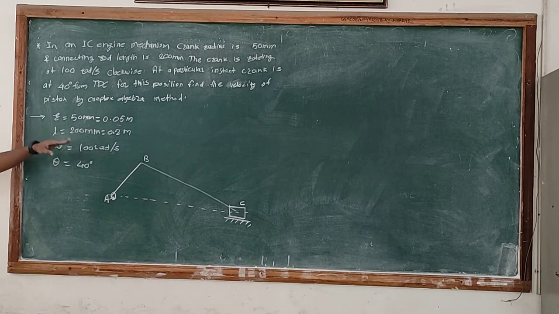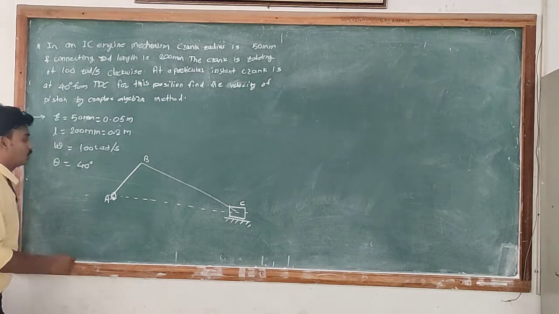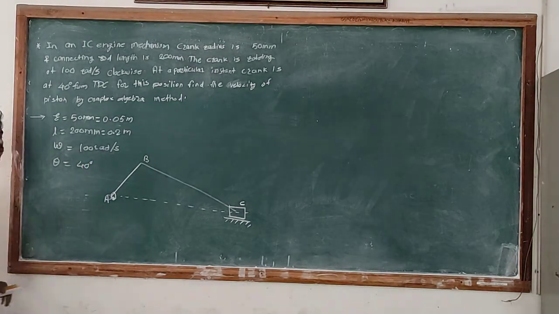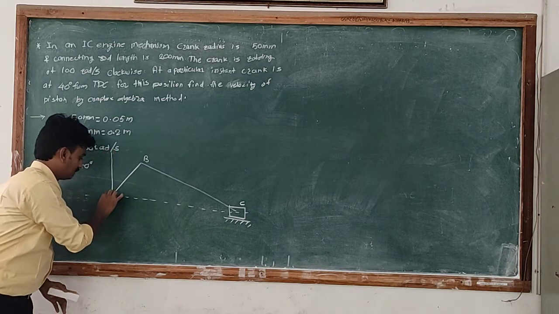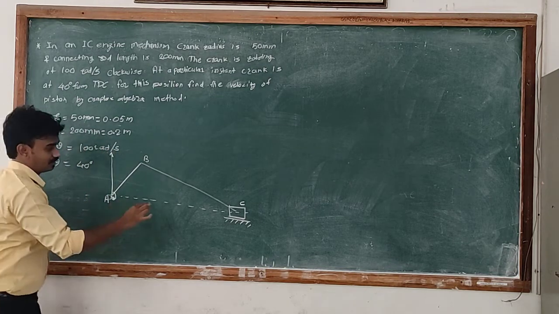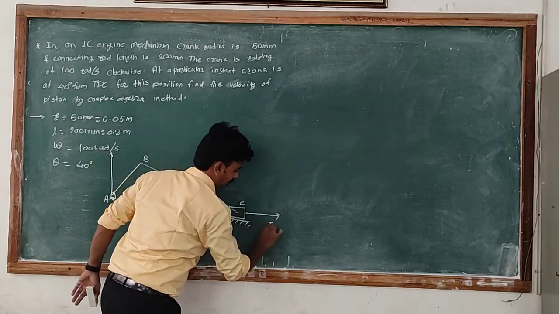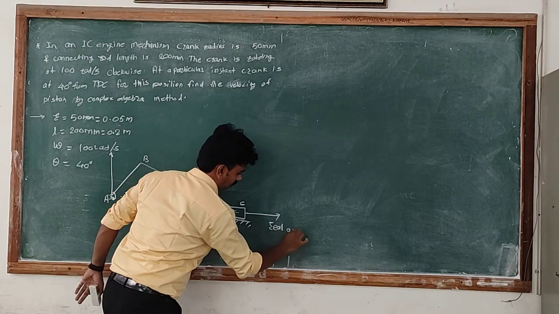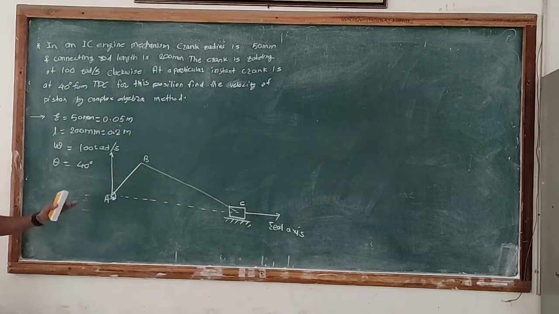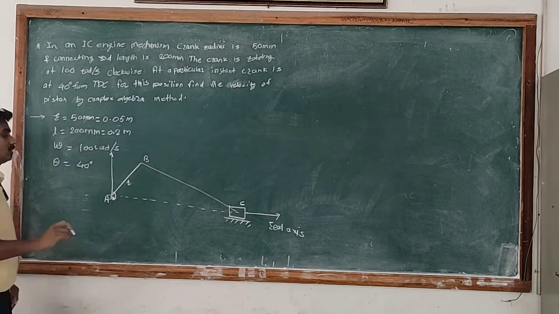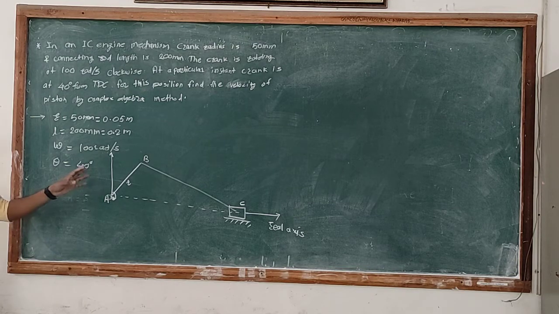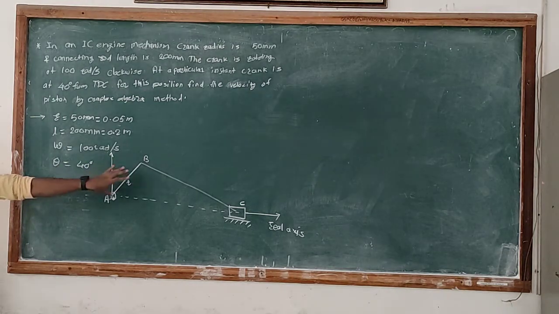So what have they given? We will show it in this diagram. Now, if we draw an imaginary axis and a real axis here, this is my imaginary axis and this is my real axis. The radius of the crank is R. We will give a notation to each link.